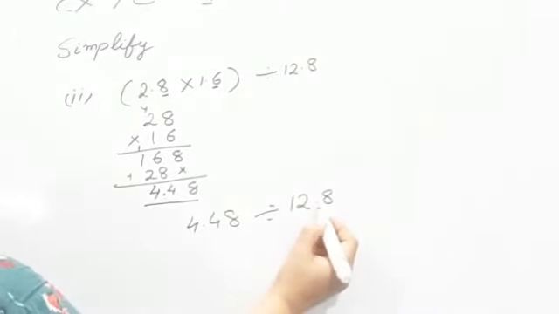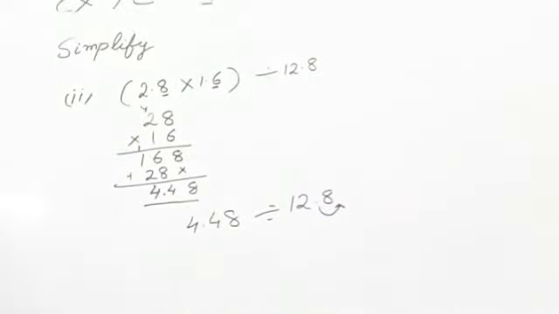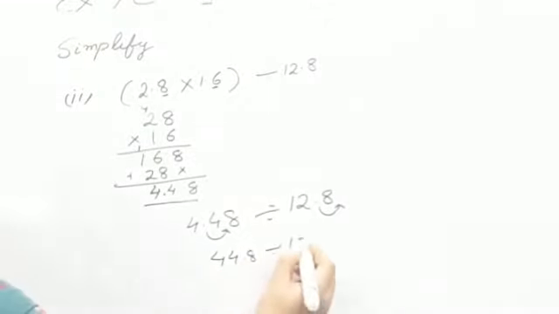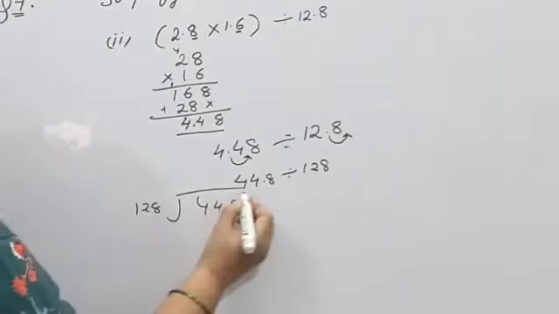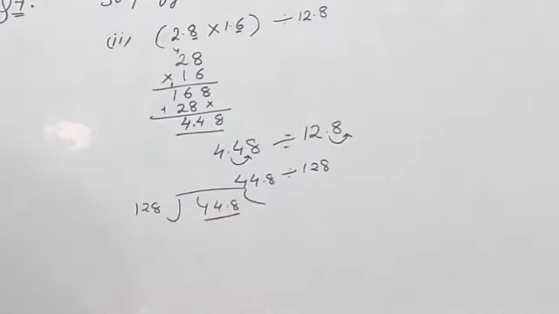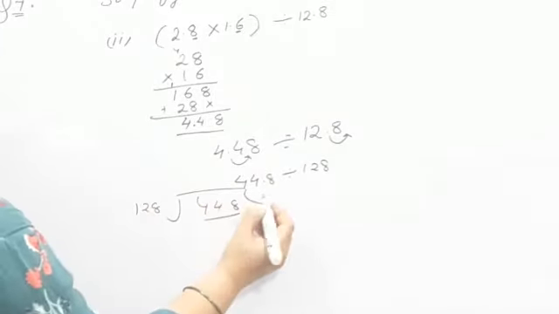Here to convert this divisor into a whole number, shift 1 place to the right. Same way, shift 1 place to the right the decimal point. It becomes 44.8 divided by 128. So let's proceed. 44.8 divided by 128. We'll consider all the 3 numbers which includes the decimal point. So point is out.